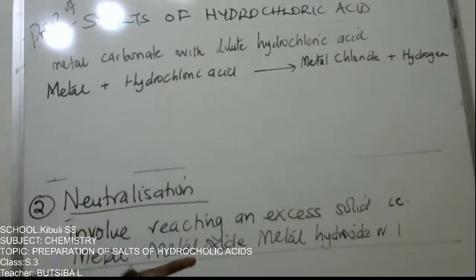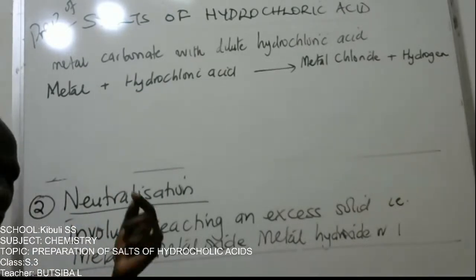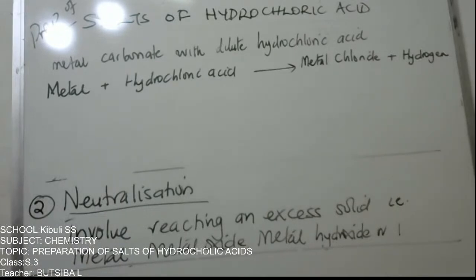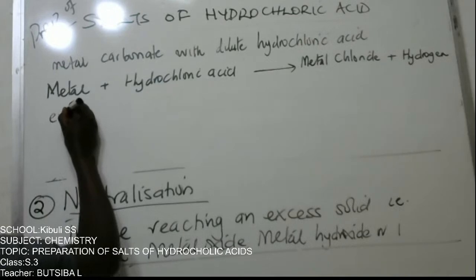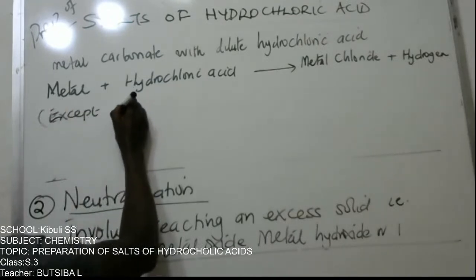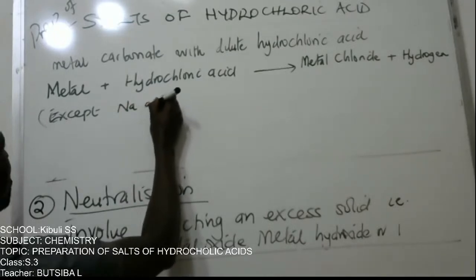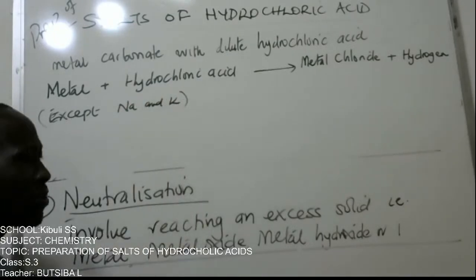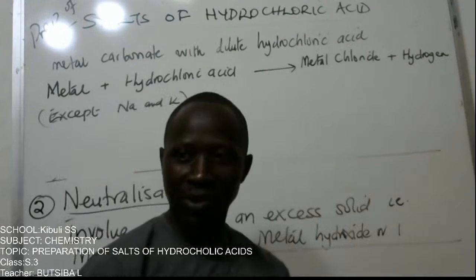Again, this metal will not be sodium. This metal will not be what? Potassium, for the same reason. So here the exception is we are removing sodium and potassium, for the same reason, the reaction being explosive.